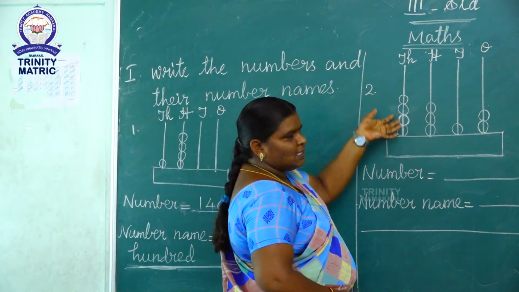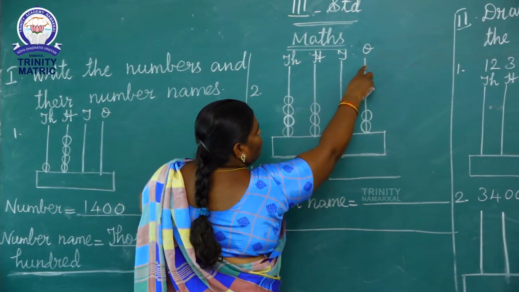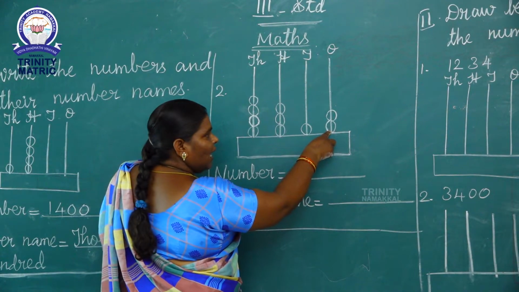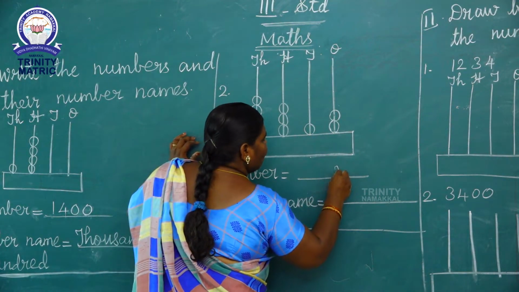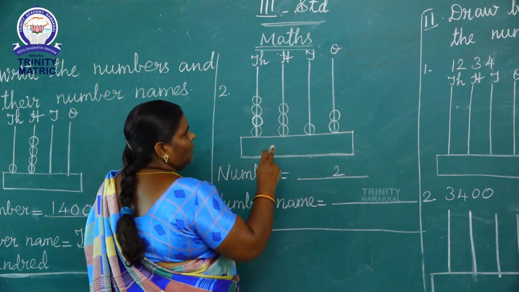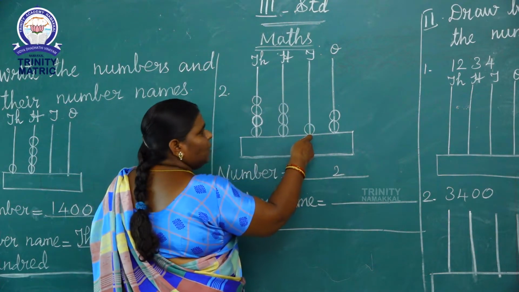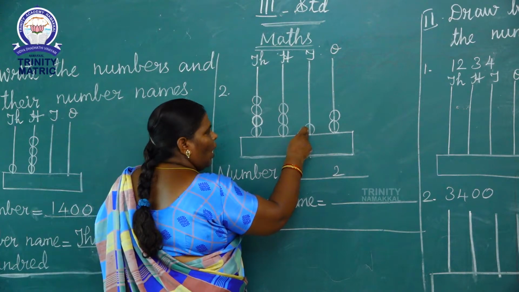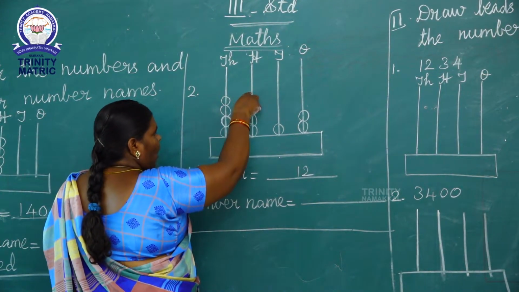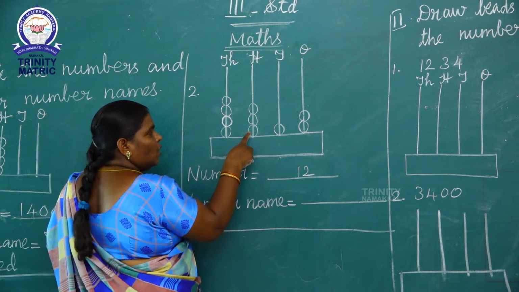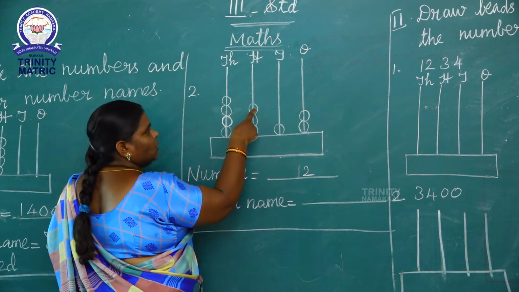See the next sum. See the abacus. Okay. In ones place, how many beads have here? 2 beads. 1, 2. So you write 2. In tens rod, how many beads have here? 1. So you write 1. In hundreds rod, how many beads have here? 1, 2, 3.